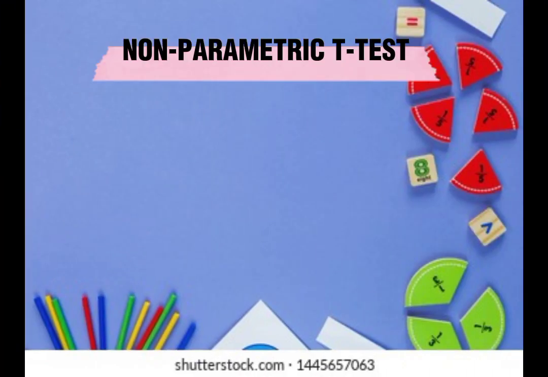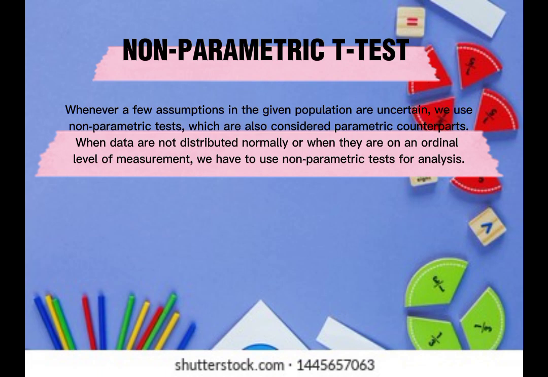Where a few assumptions in the given population are uncertain, we use non-parametric tests, which are also considered counterparts of parametric tests. When data are not distributed normally, or when they are on an ordinal level of measurement, we have to use non-parametric tests for analysis.